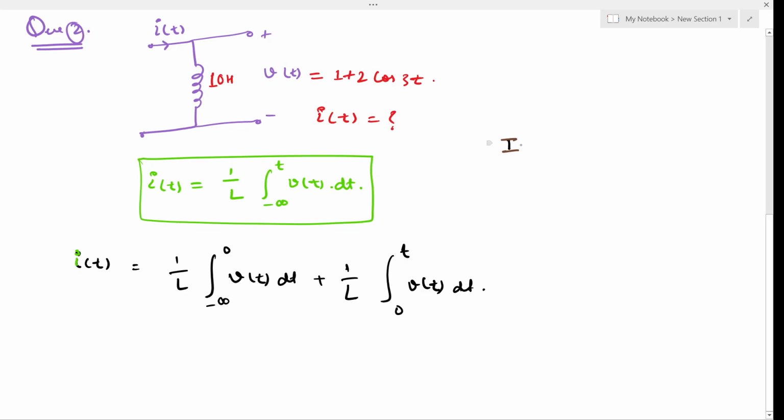The property of an inductor is that it will oppose the sudden change of current, and it is also known as an energy storage device. And the capacitor will oppose the sudden change of voltage, and it is known as a charge storage device.